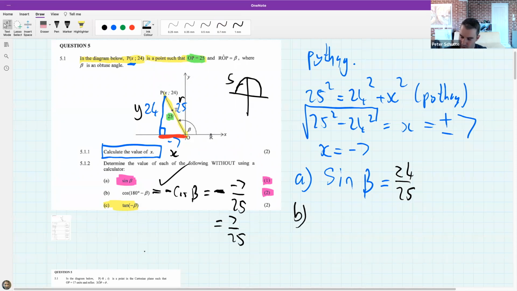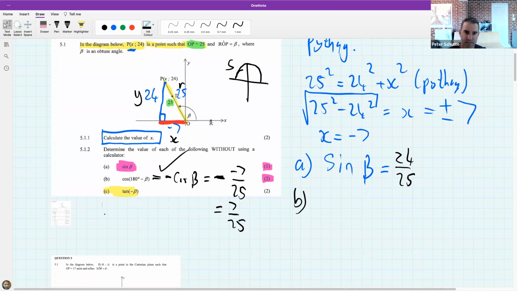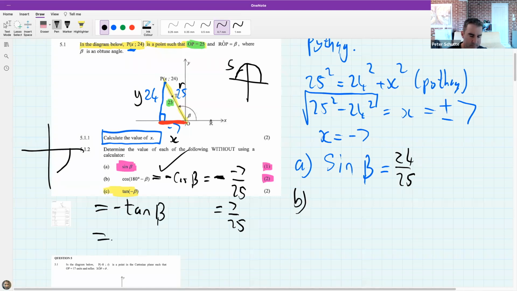We have to think about what to do with the tan, because we don't really have a negative beta. We only have a beta. So minus beta would be here, so we should get negative tan beta. So the reduction is going to be from tan negative beta to negative tan beta.